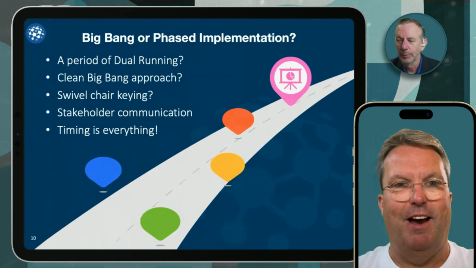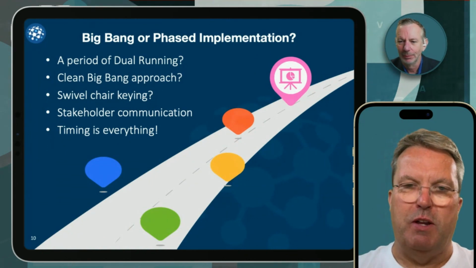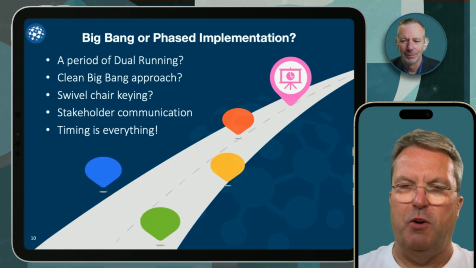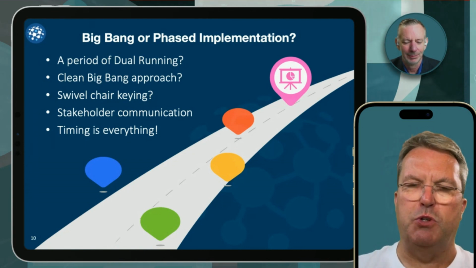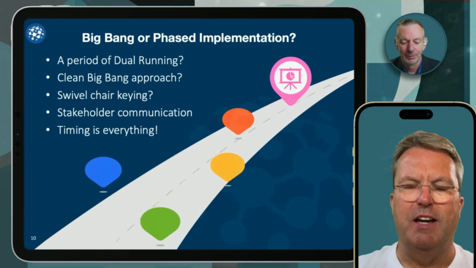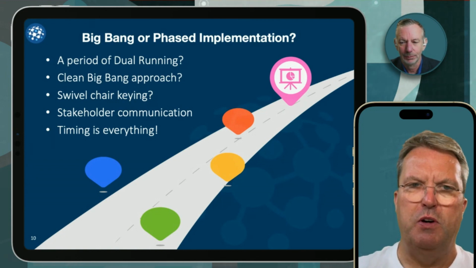Big Bang would be one that only the brave perhaps consider, where you leave on a Friday night and when you come in on a Monday morning, you're using the brand new tool. I think inevitably you're going to have a period of dual running. You are going to have a period of time where your existing tickets are being run down in your old tool.